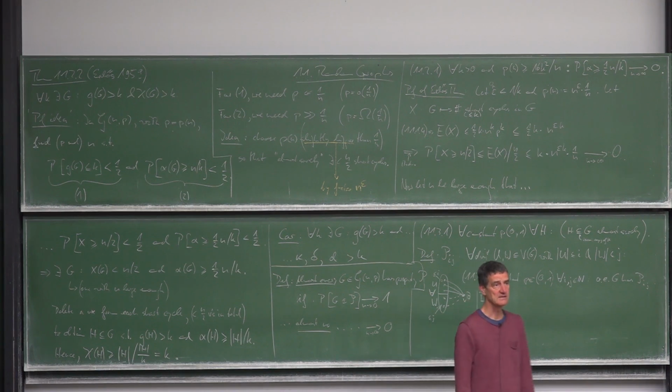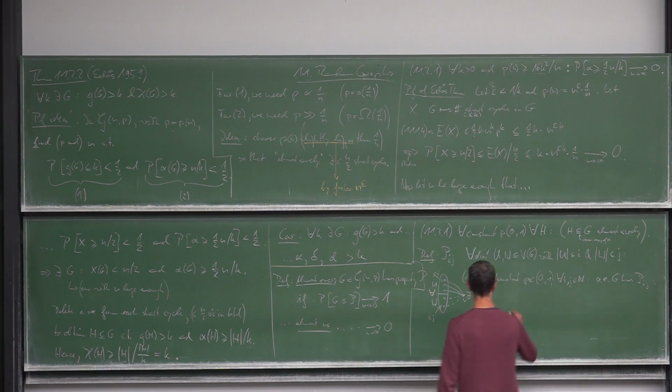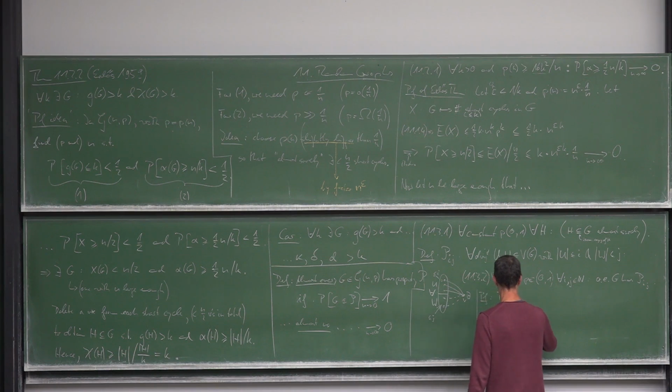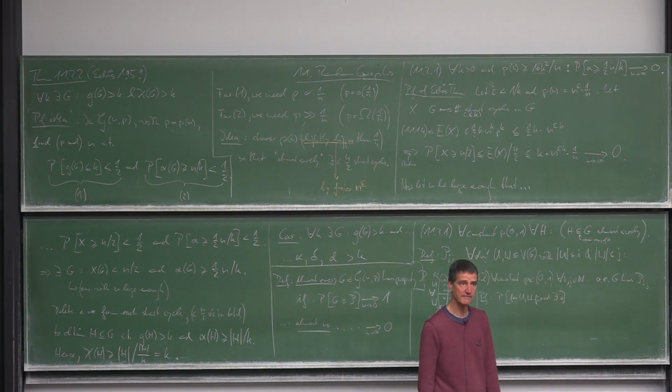What is the probability that for a fixed choice of U and W, there's a good v?